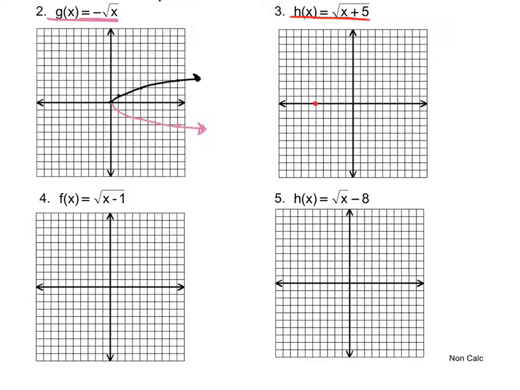It just slides the whole thing over 5 spaces to the left. But then from our new starting point, I still go over 1 and up 1, over 4 and up 2, and over 9 and up 3. So you can still take those original points, you just have a new starting point.